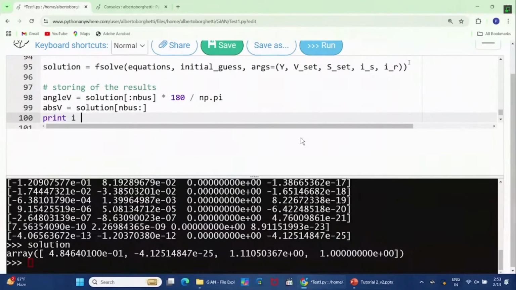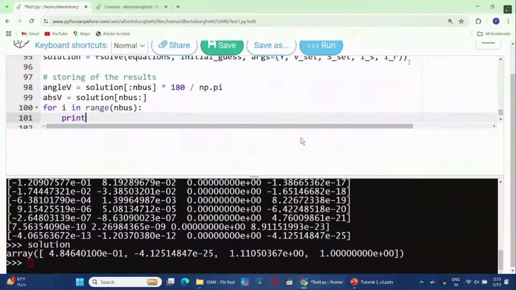Print, I do apologize, for i in range n bus, column, print, and the formatted print will be f, and then we need to say, I don't know, we can say voltage in bus, and then it is the bus, we can say here i plus 1, because we are starting numbering the bus from 1 and 2, and in Python it is 0 and 1.